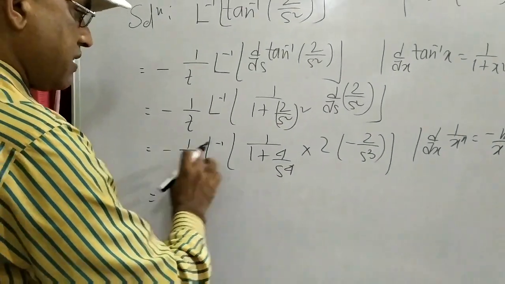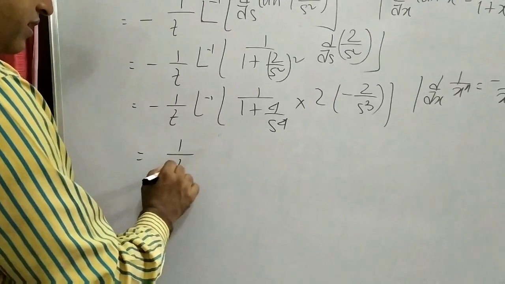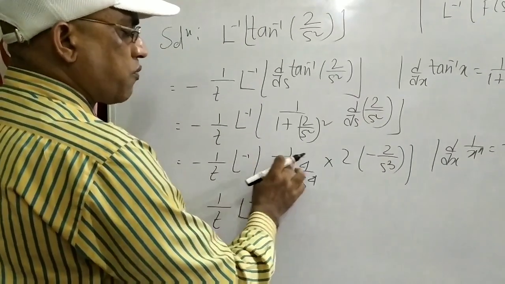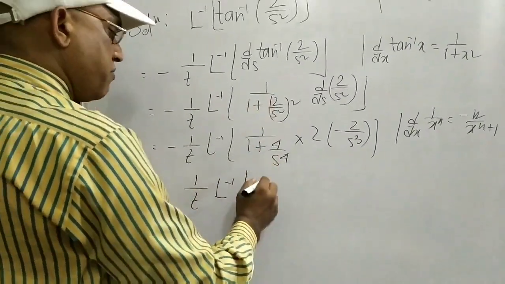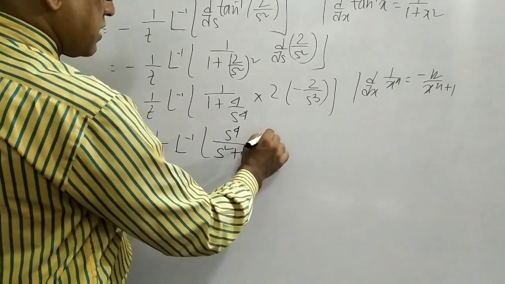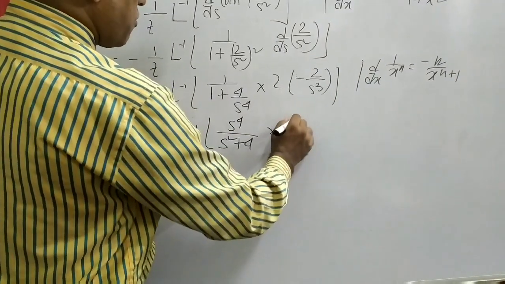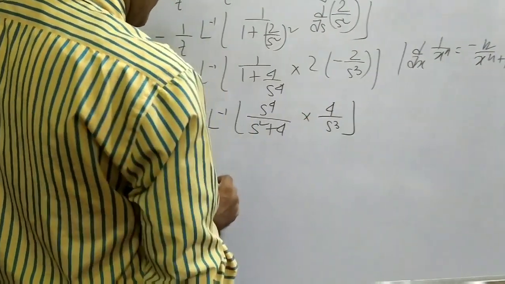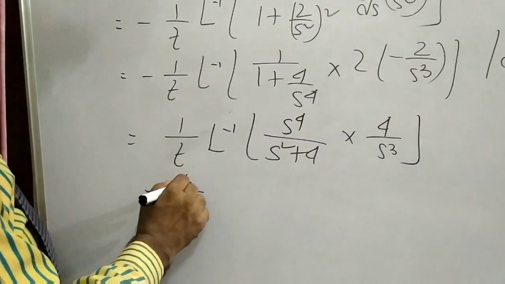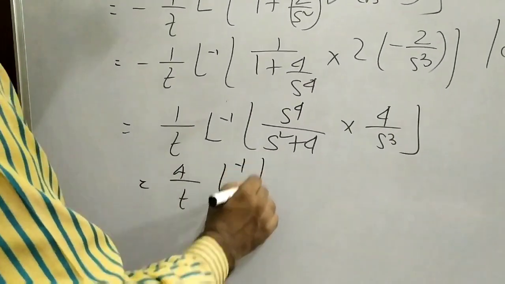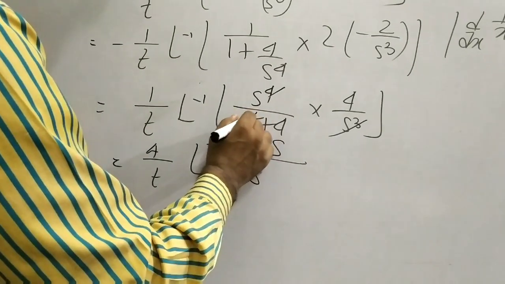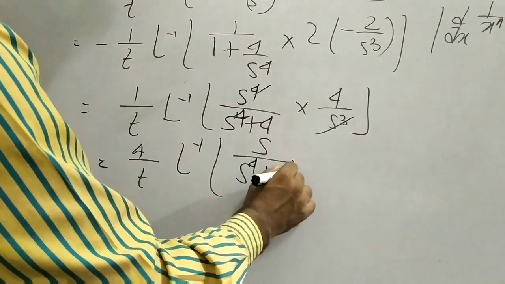Then the minus cancels, and this is 1 by t, L inverse, with LCM s to the power 4 plus 4, and s to the power 4 becomes the numerator: s to the power 4 by s to the power 4 plus 4, and 2 times 2 is 4, 4 by s cube. We get this one: 1 by t, and taking 4 outside, 4 by t, L inverse, this cancels, s by s to the power 4 plus 4.